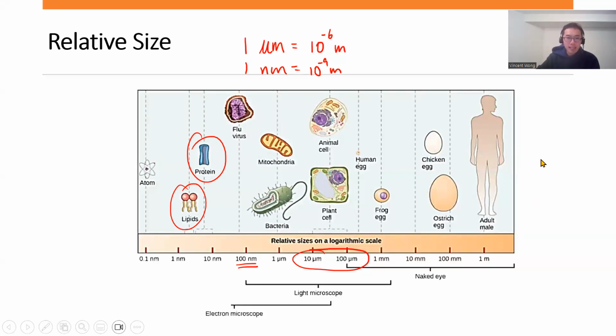So you don't have to memorize any of this. This is just to show you on a scale how big things are. These things are pretty small. We cannot see them with our naked eye. That's why we need to use a light microscope. Anything even smaller gets cut off here, and you would need an electron microscope to see it. More on that later.